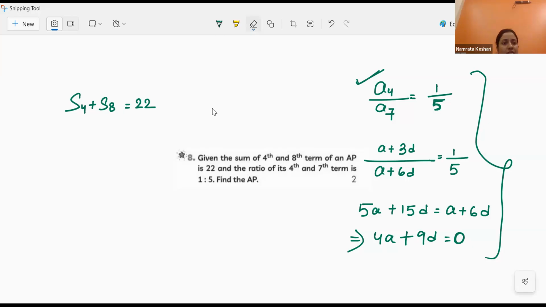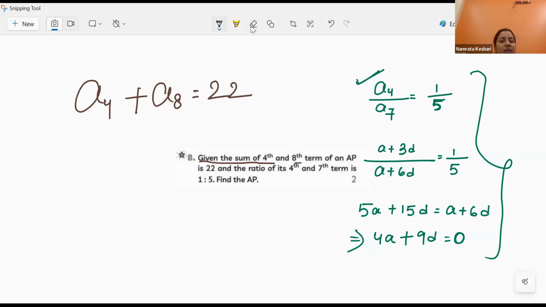Can you see that? Yes, ma'am. So it says the sum of fourth term and eighth term. It's not the first four terms added, that's not written over here. It's written that the sum of fourth term and eighth term is given to us as 22. Is it making sense?